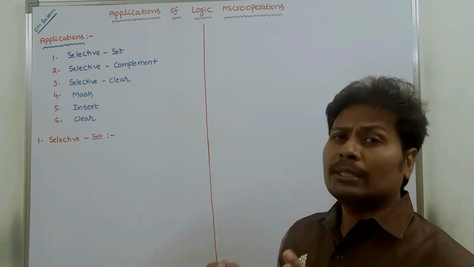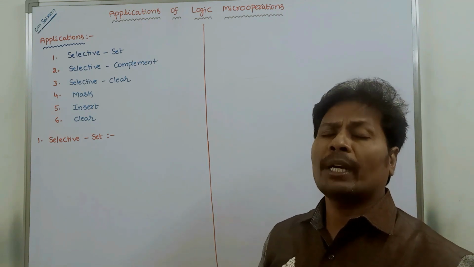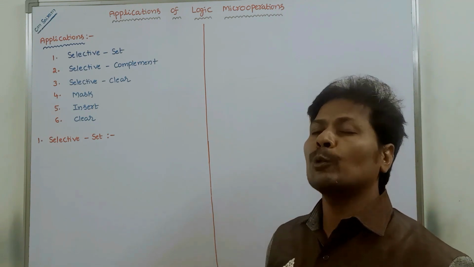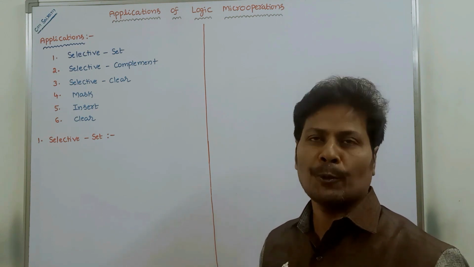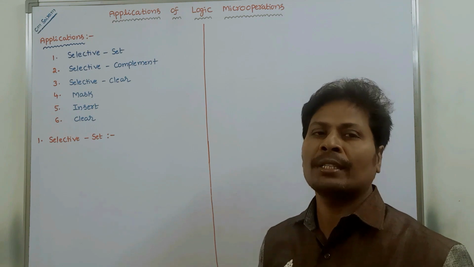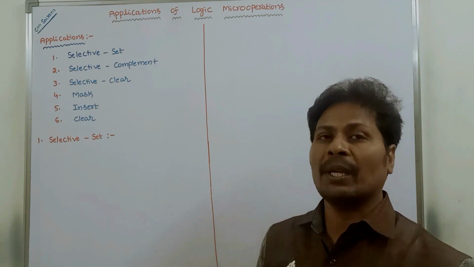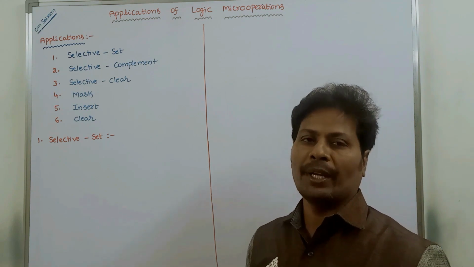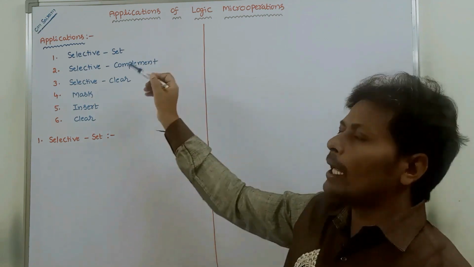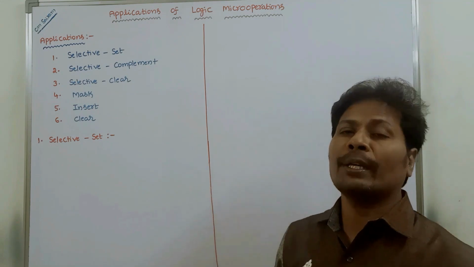There are 16 logic microoperations. How to implement those 16 logic microoperations using hardware was discussed in the previous video. If anybody wants, please refer to the previous video. Now, what are the applications of logic microoperations?